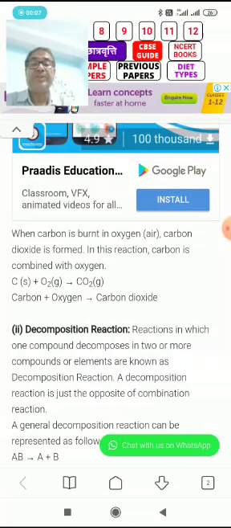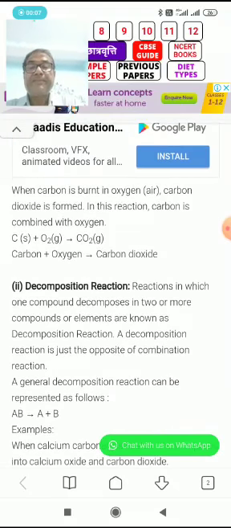Second one is decomposition reaction. A reaction in which one compound decomposes into two or more compounds or elements is known as a decomposition reaction. A decomposition reaction is the opposite of a combination reaction.